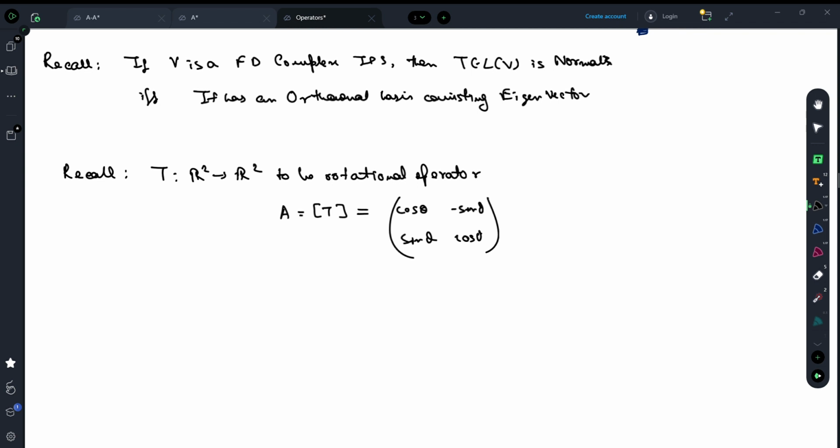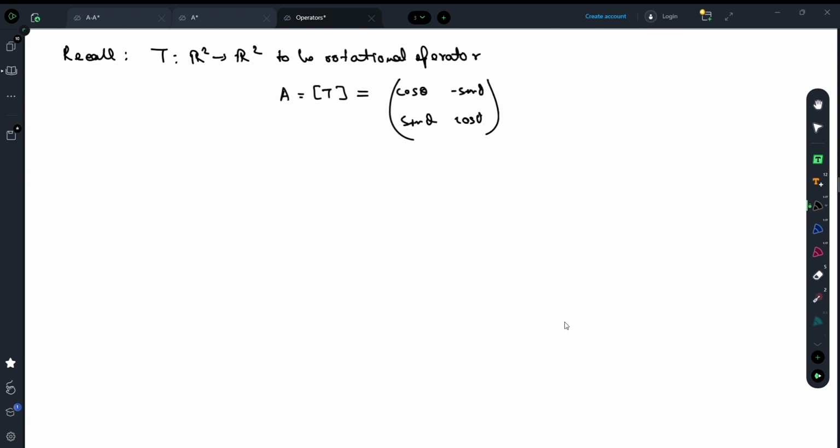There we had seen that it is normal, but it has no eigenvector. It also immediately follows from the fact that when we are rotating a vector, it is no more scaled. We had discussed these things in the previous lecture.